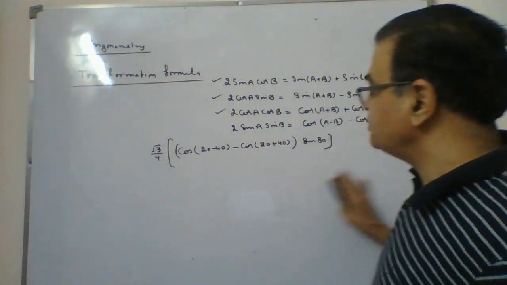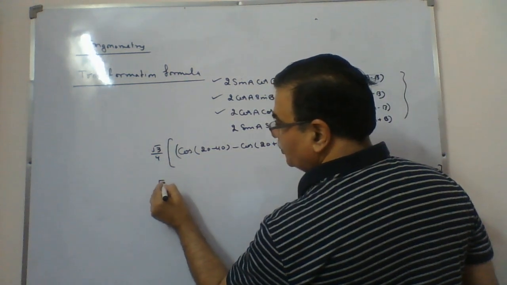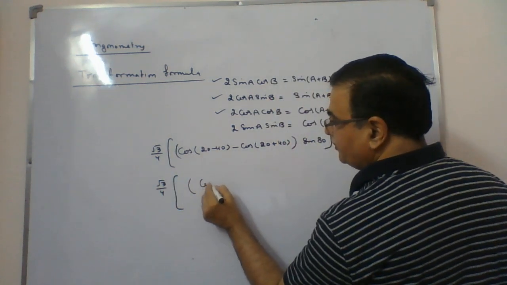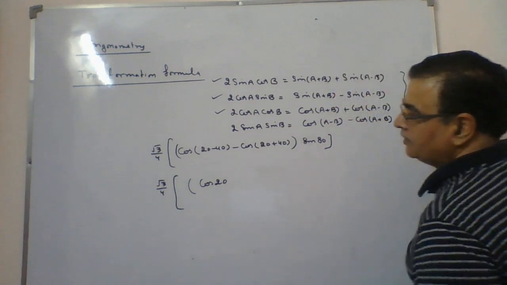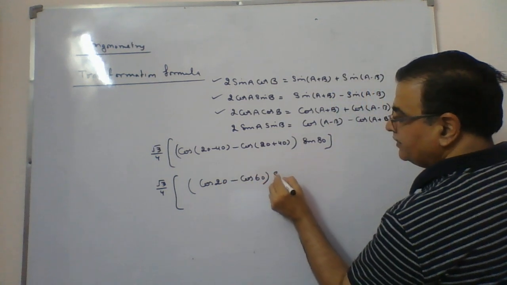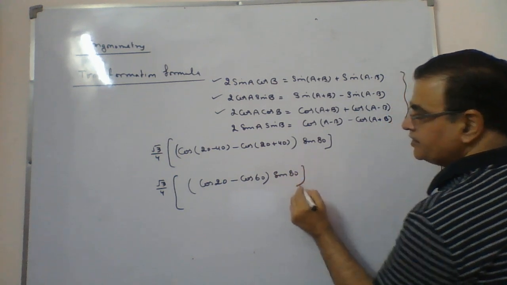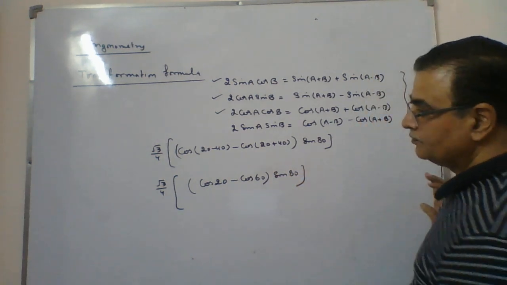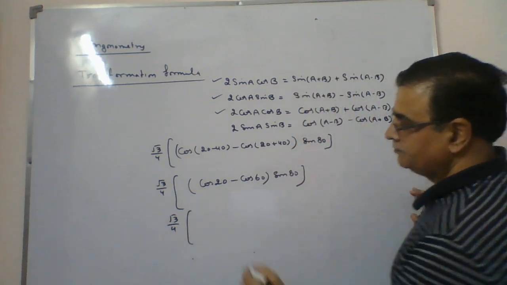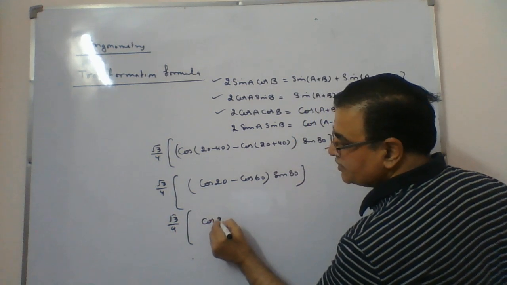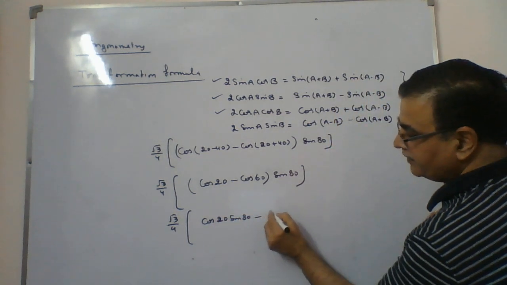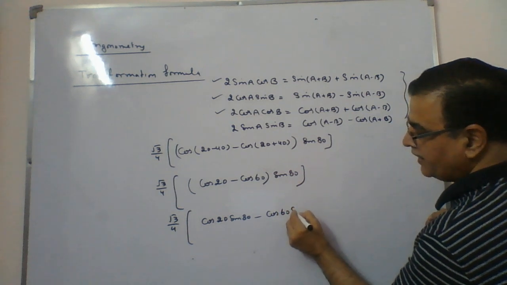What result comes? Just check here. Root 3 by 4. Cos of minus 20 is nothing but cos 20. Then minus cos 60, then sine 80. Now when you solve it, it will be root 3 by 4 times cos 20 sine 80 minus cos 60 sine of 80.